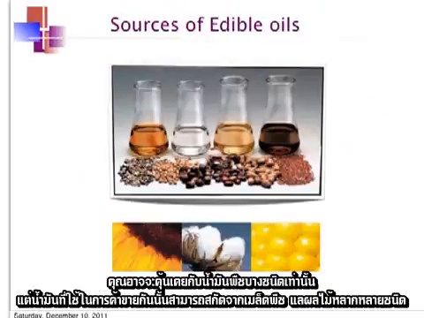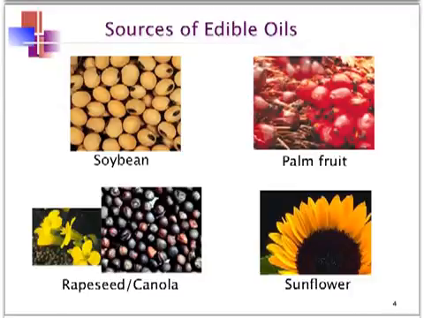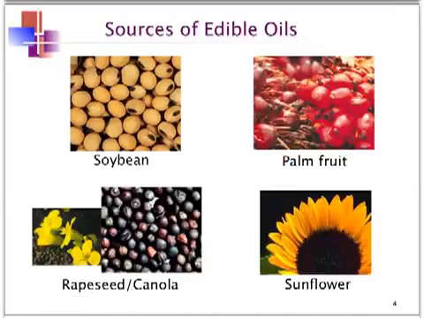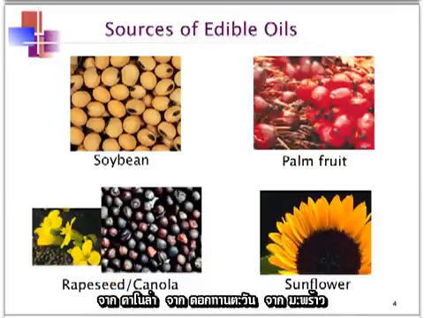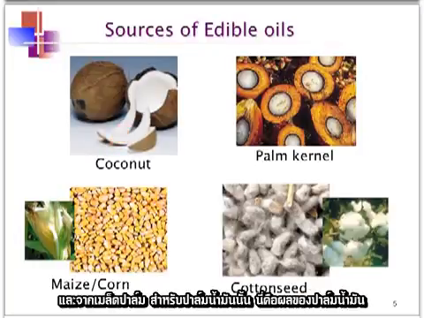You may be familiar with a few types of vegetable oil, but commercial oil can be extracted from various types of seed and fruits. For example, on this slide you can see that oil can be extracted from soybean, from oil palm fruits, from canola, from sunflower, from the coconut flesh, and from the palm kernel. For the oil palm, this is the oil palm fruit.